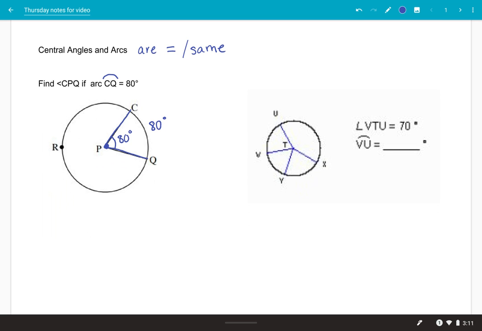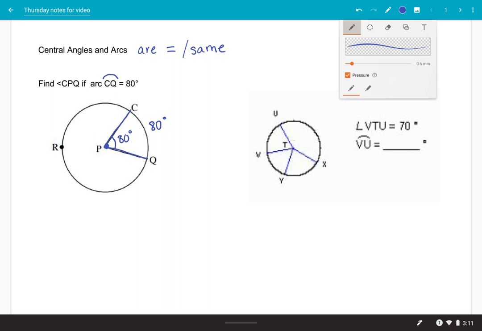Now for the next one, they're giving us a clue. So angle VTU, this angle is 70 degrees. And we need to find VY, sorry. Shoot, I labeled it wrong. Let me go back and correct that.